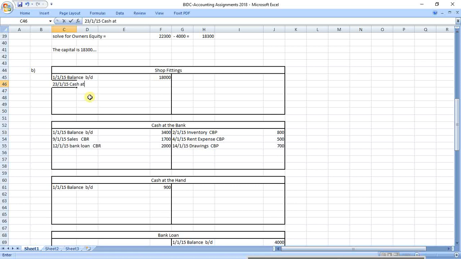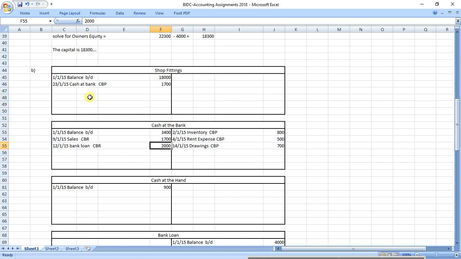Cash at bank. Which journal? What is it? CBP. Yes, cash book payments, because it was paid by check. How much? 1,700. Alright, perfect. So shop fittings, and you've got cash at bank, eh? Yeah.